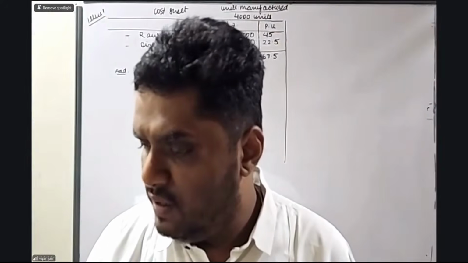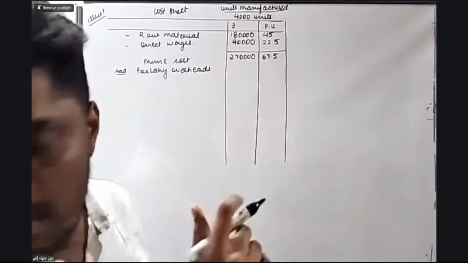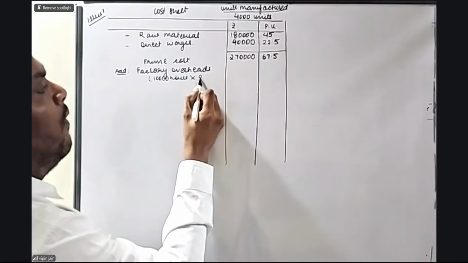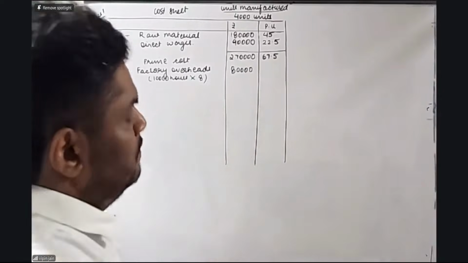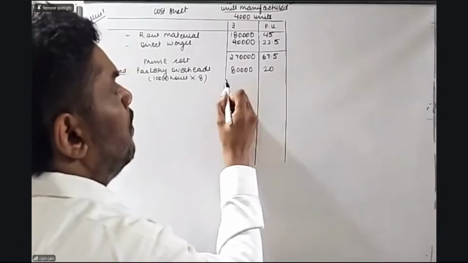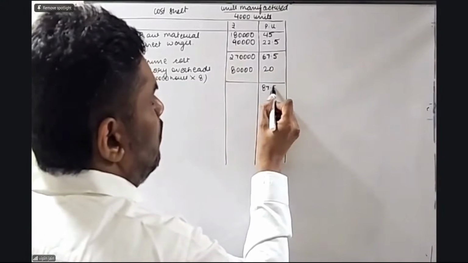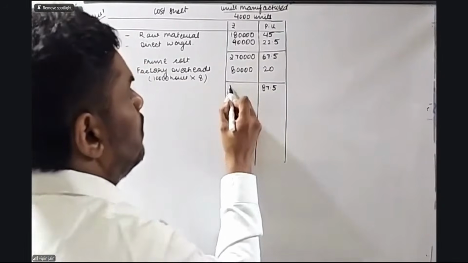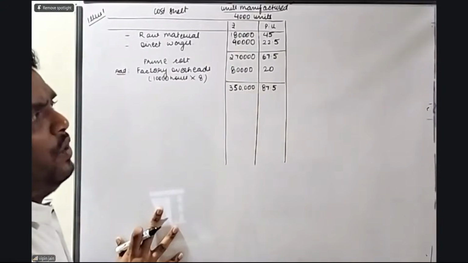One second, let me check if there are any queries. Now this 3,50,000 should be my gross work cost.